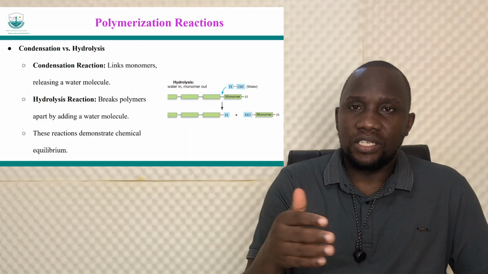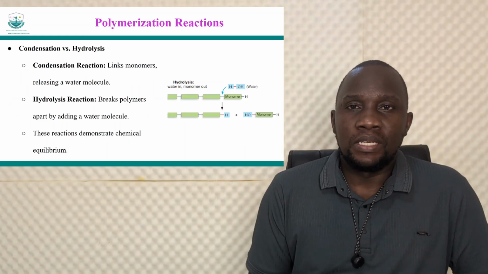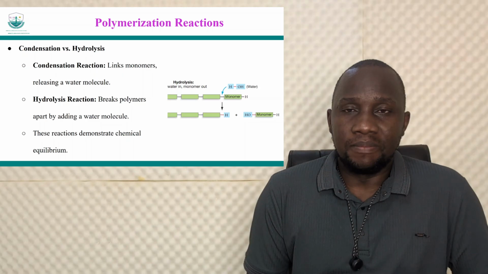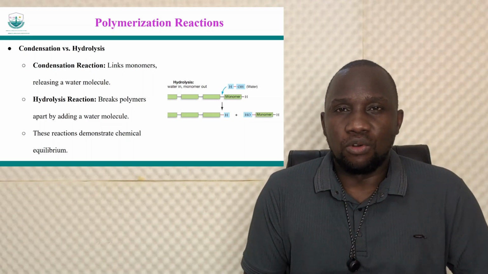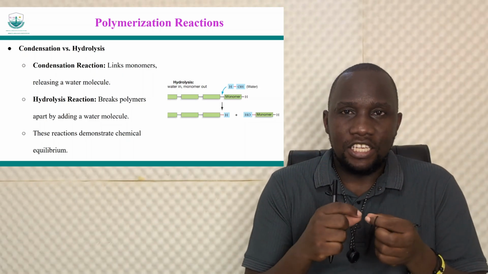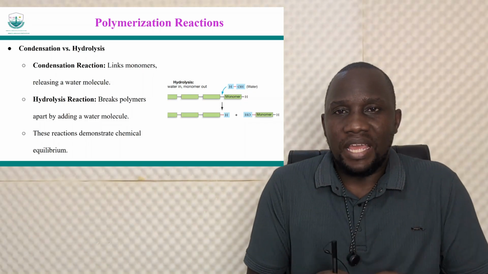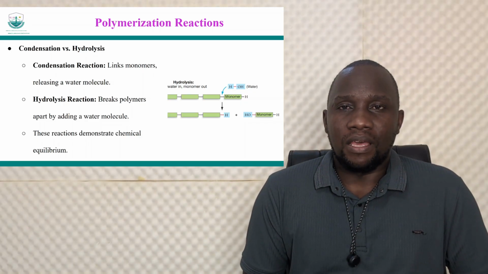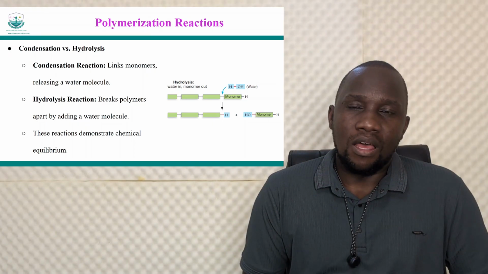The process of linking up to form a large molecule is what we call polymerization. But that linkage, when one monomer connects to the other monomer, that is what we term condensation.